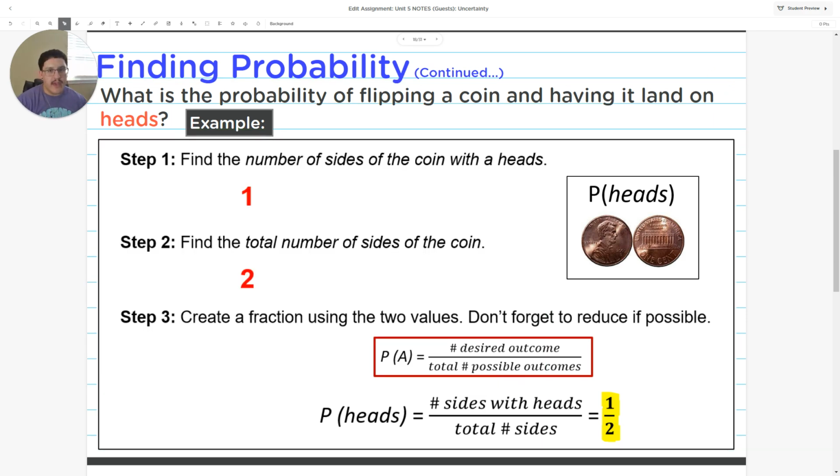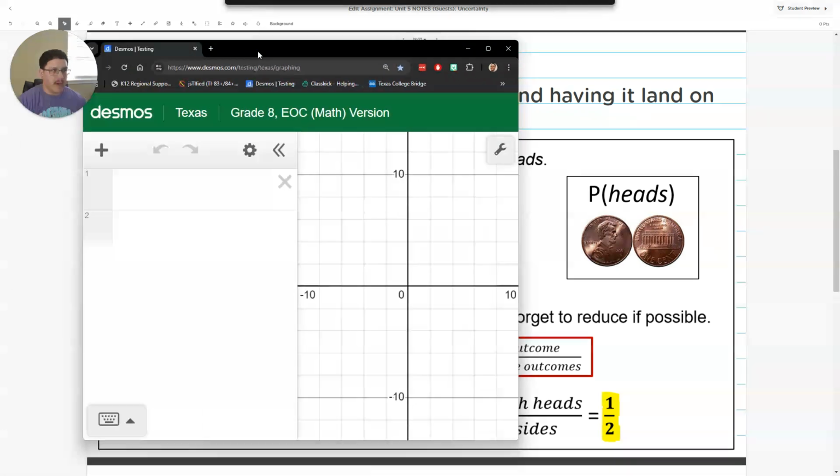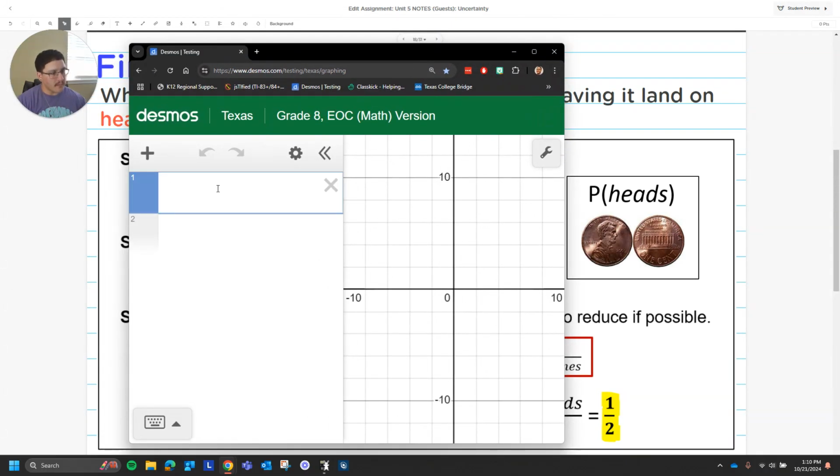Now, if you want to check to see if this reduces any further, there's a couple ways you can do that. You could type in the fraction 1 divided by 2 into Desmos, and then click the circle with the fraction symbol right there, and have it reduce the fraction if possible. It gave me back 1/2, which means it is already in its lowest terms, so 1/2 is the final answer.